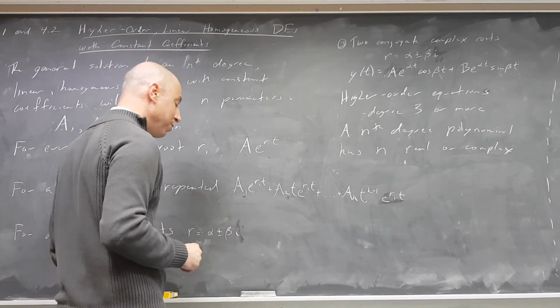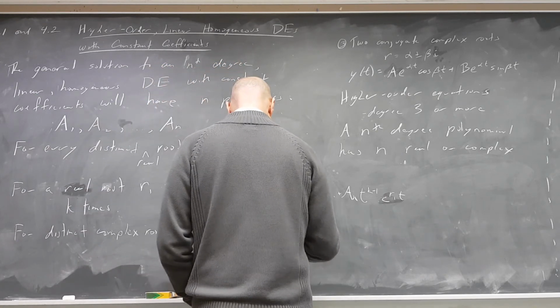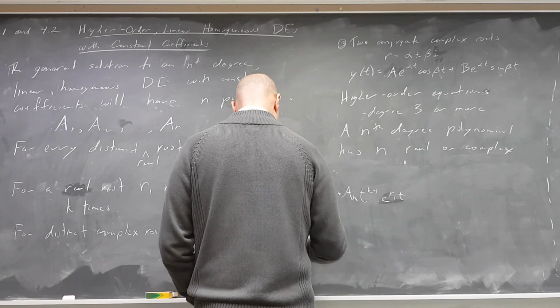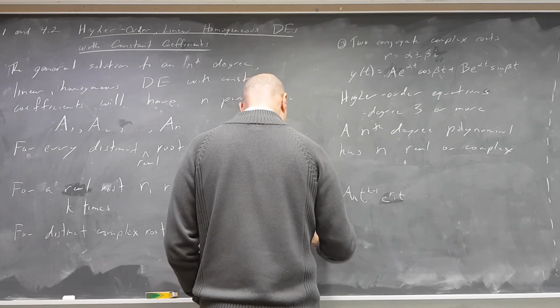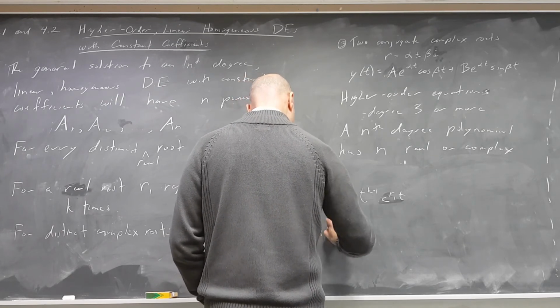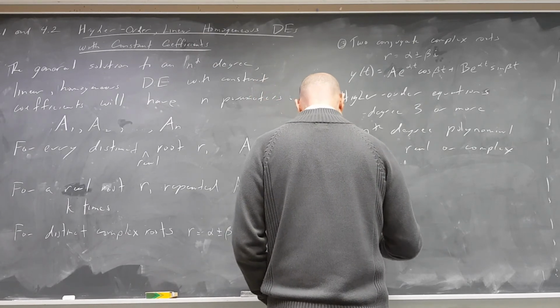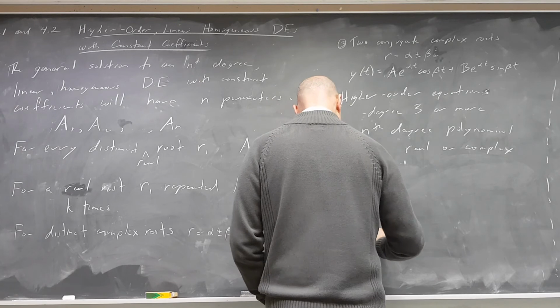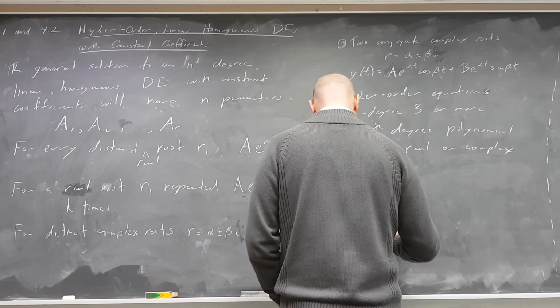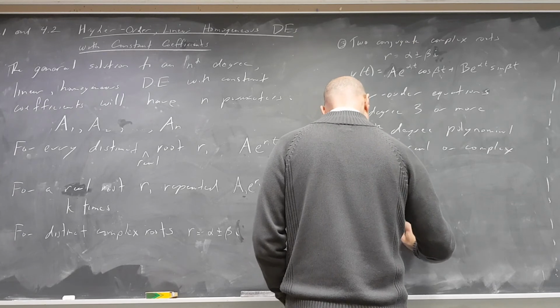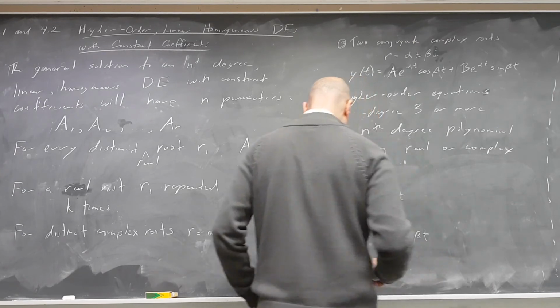Again, I will have terms like I had over there. A times e to the alpha t times cos beta t plus, I'm going to call it A1, plus A2 e to the alpha t sine beta t.